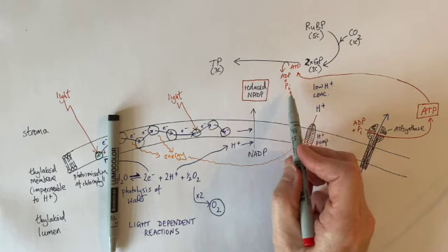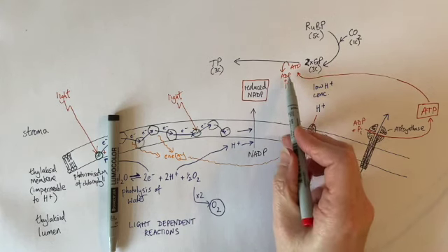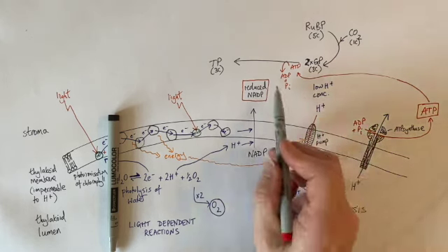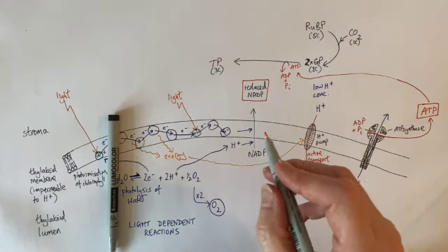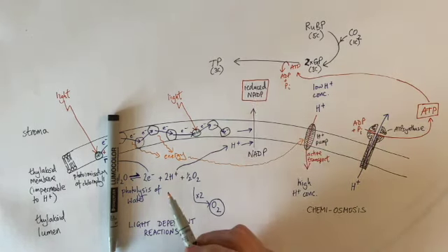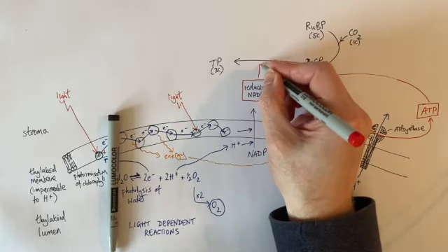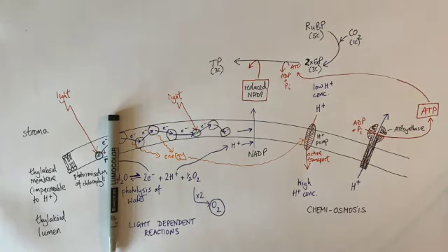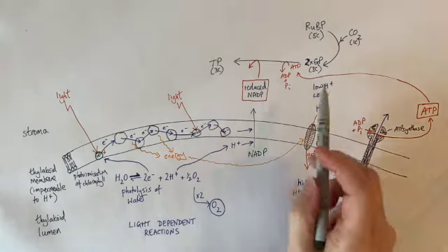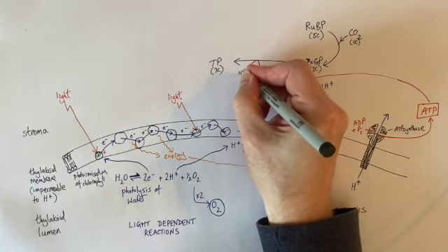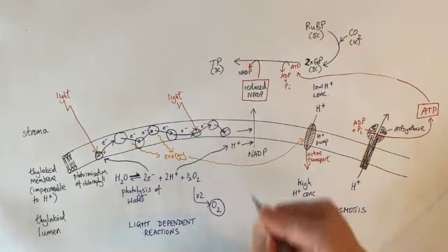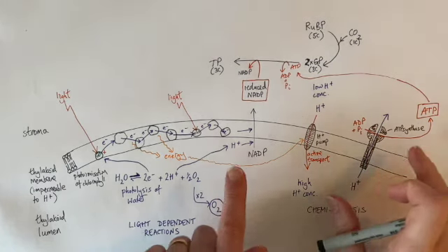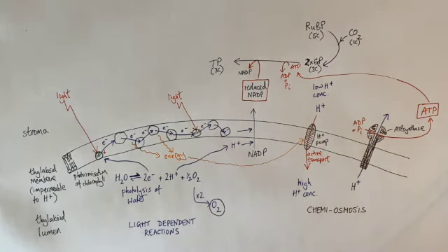And you can see that these are now released and floating around in the stroma, and these could go all the way back to here and be used again. I won't put the arrow on because it'll confuse things more. But also we've got the reduced NADP. And the reduced NADP is also used in this reaction to give electrons and hydrogen to the GP. And so we get NADP formed. So that is how the two processes are related.